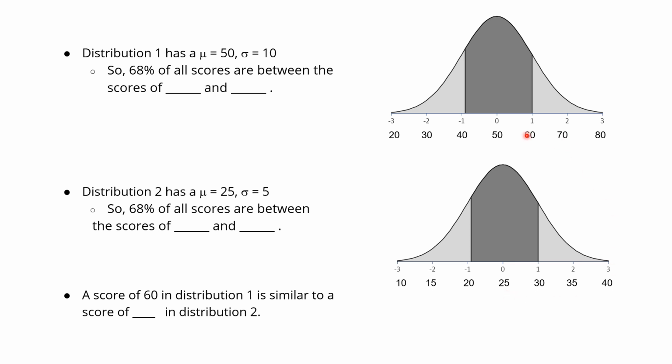So you can see that a score of 60 on this first distribution would be very similar to a score of 30 on this second distribution, right? Because both of them would be 1 standard deviation above the mean, right? Whereas if we look at 2 below the mean, a score of 30 would be similar to a score of 15 on this distribution as well.